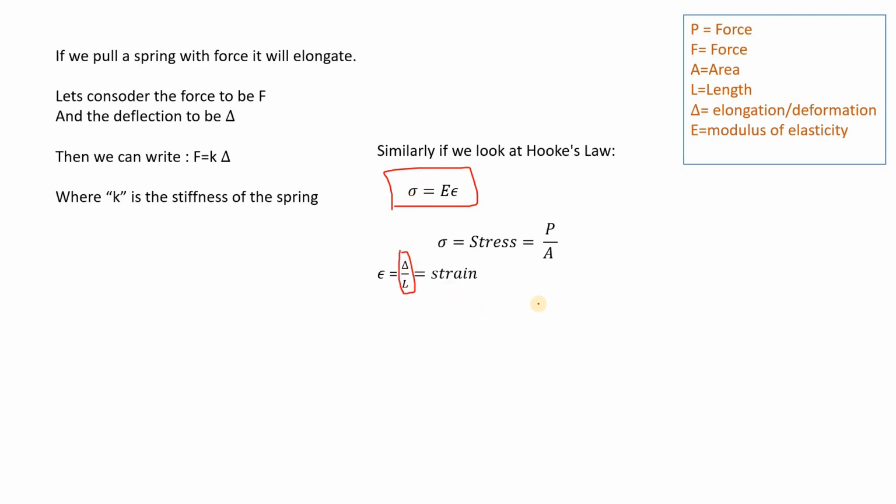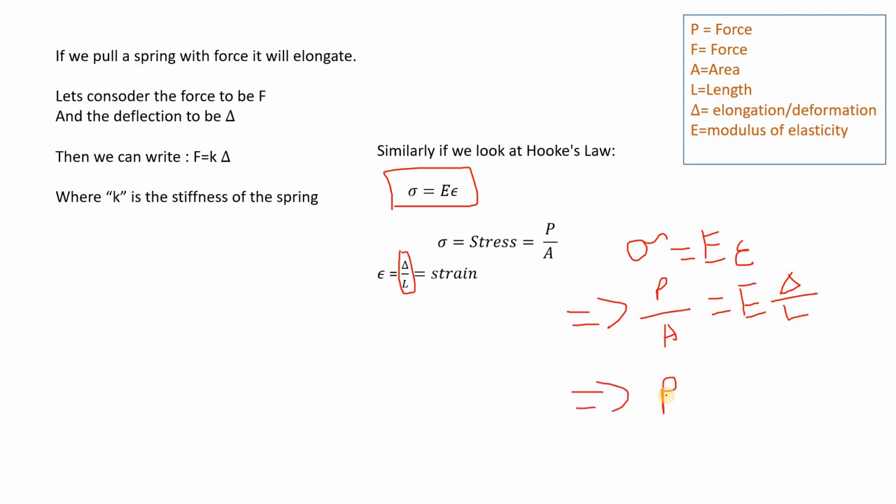If we replace those in this formula, sigma is equal to E epsilon, we write P by A equals E into delta by L. Now if we change sides and keep the force on the left side, we get P equals EA by L into delta.